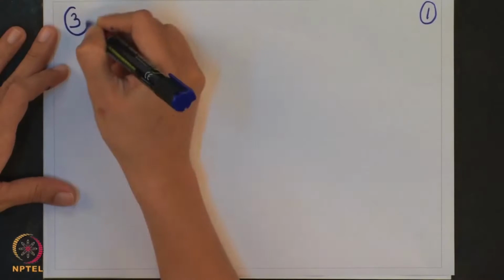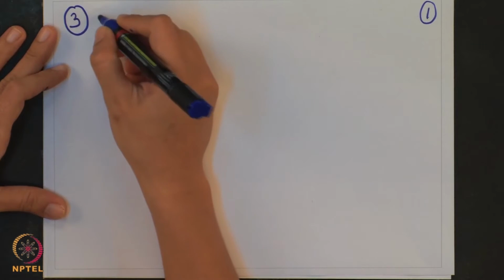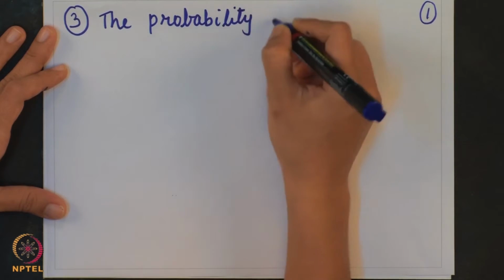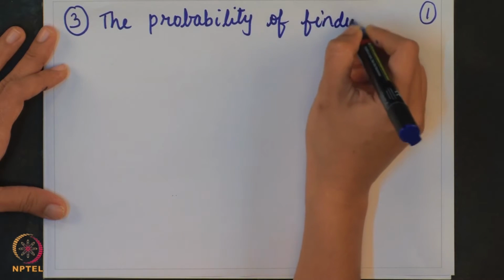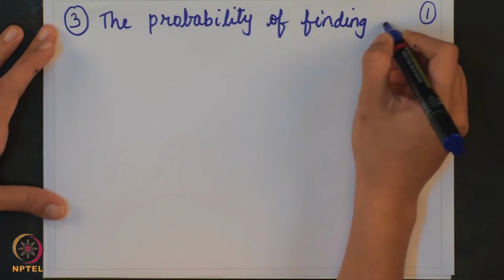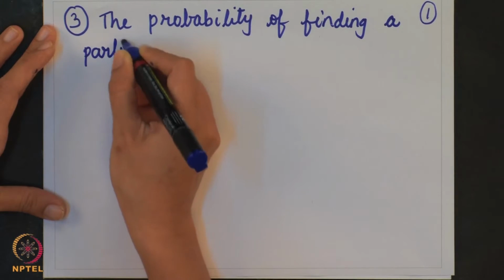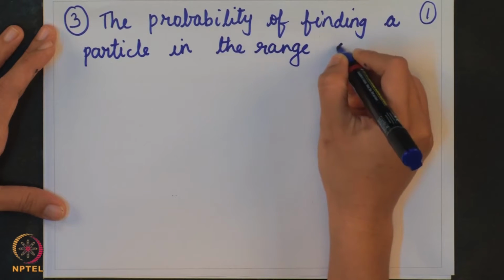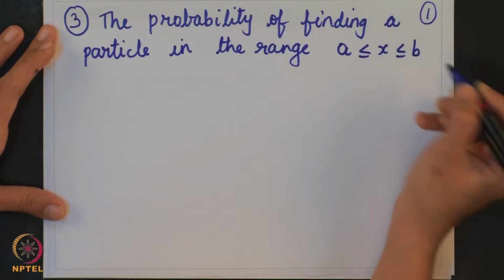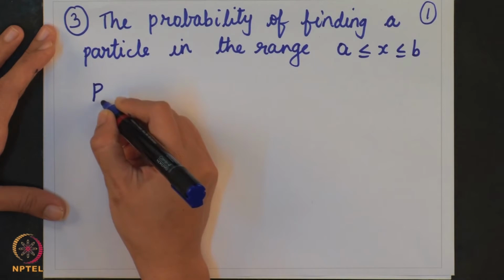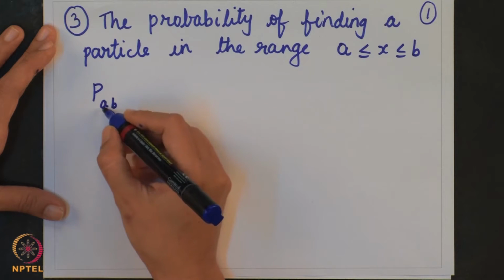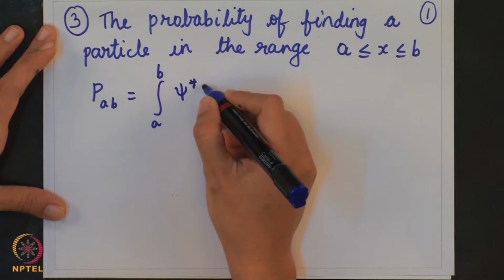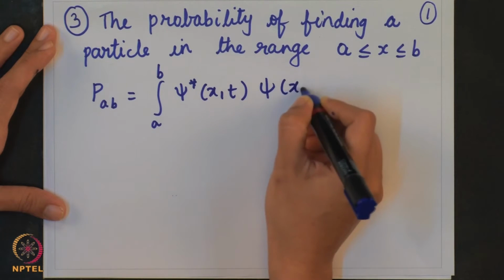So third problem of the first tutorial. We write the probability of finding a particle in the range a less than or equal to x less than or equal to b, let me call that P_AB. P_AB will denote the probability between the range A and B, and will be given by the integral of psi star x comma t psi x comma t dx.